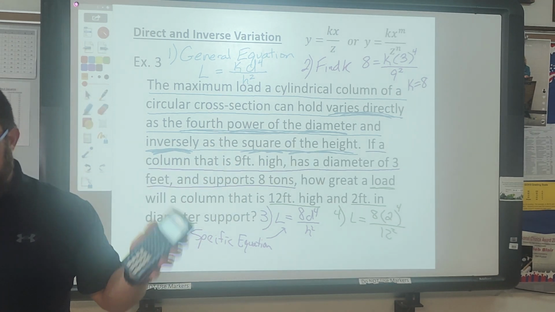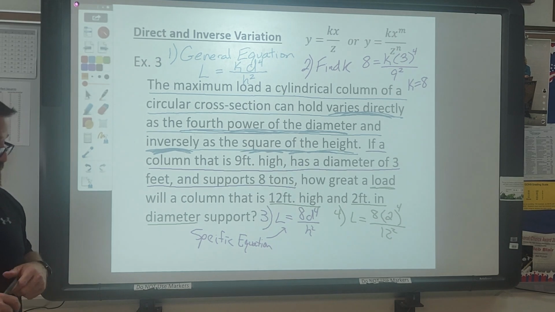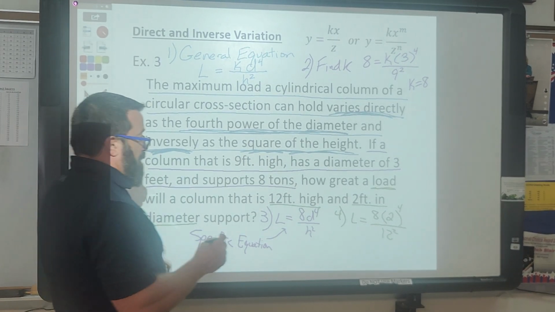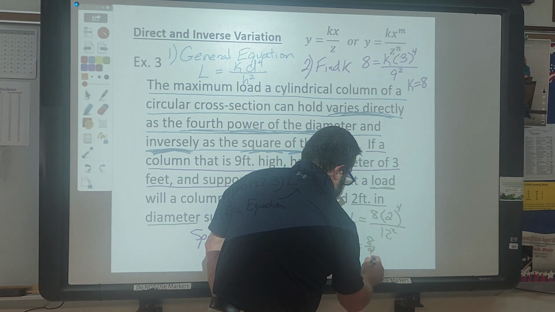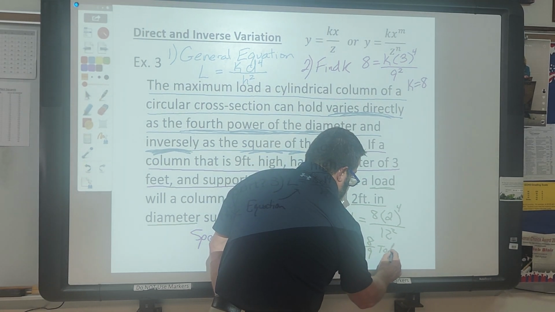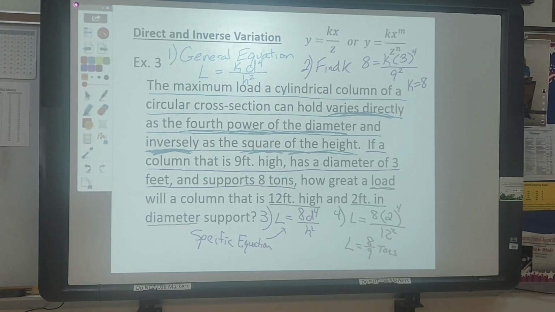If it's a nice exact number instead of a repeating decimal, you can probably use that feature. This comes out to be 8/9 as an exact fraction, so it's only 8/9 of a ton. So we went from being able to hold 8 tons, but because we changed the height and the width to make it weaker in both cases, we ended up with it only being able to handle 8/9 of a ton.